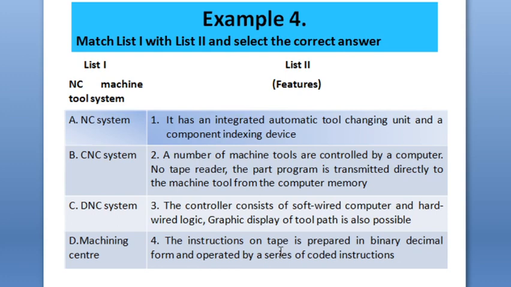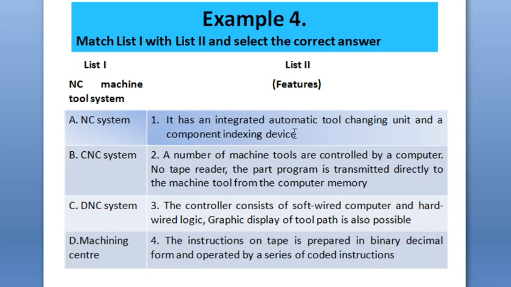It represents the program of instruction and it is stored in a data buffer in individual statements. Therefore, this statement is matched with NC system. Therefore, A4, B3, C2.